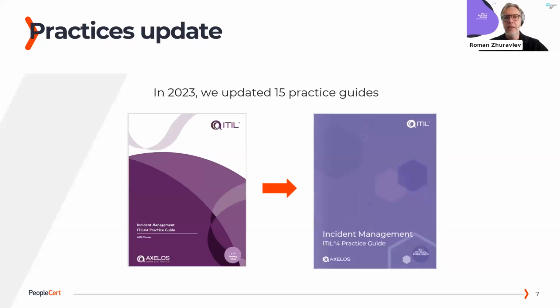So as I mentioned already, this year, we were working on updating the practice guides. We finally took that opportunity that we kind of prepared for ourselves back in 2019, 2018, when we designed ITIL 4 and decided that practices will be published outside of the core publications. So an update of one practice will not trigger a cascading effect of changes into multiple assets. So we took 15 practices addressed by ITIL Foundation and the most adopted practices, I dare say, across the service management community.